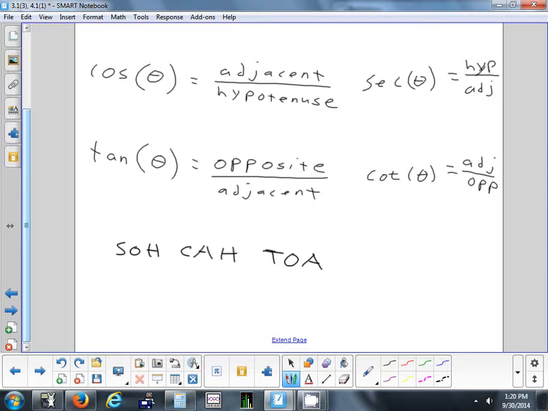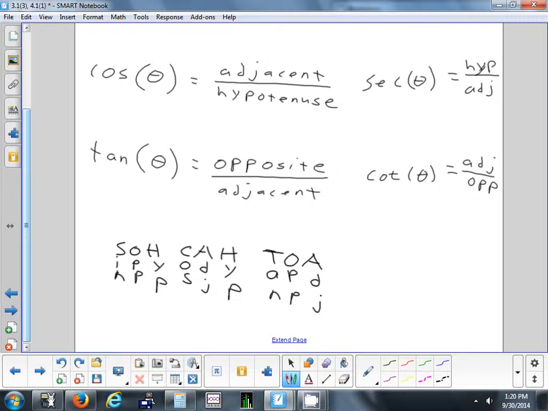What do they stand for? Yep. So sine is opposite over hypotenuse, and then the CAH, cosine, adjacent over hypotenuse, and then tangent is opposite over adjacent.